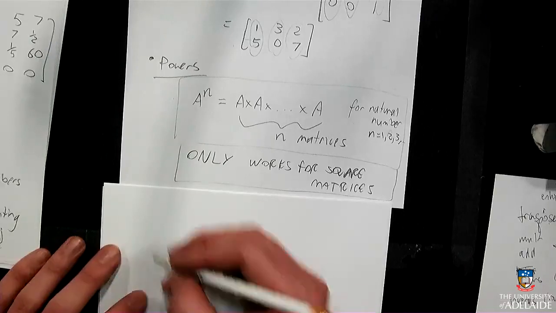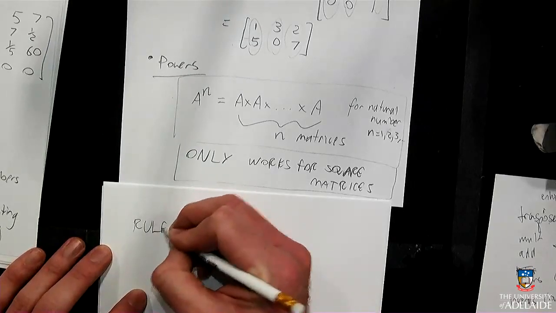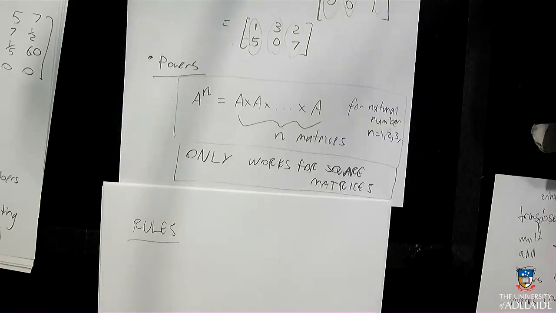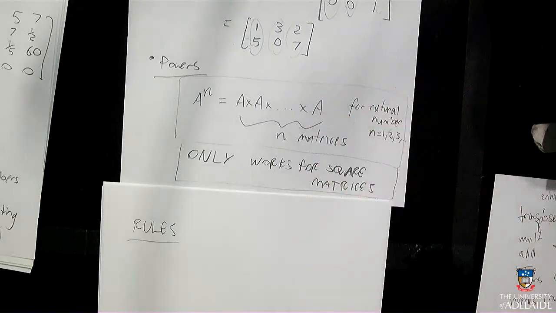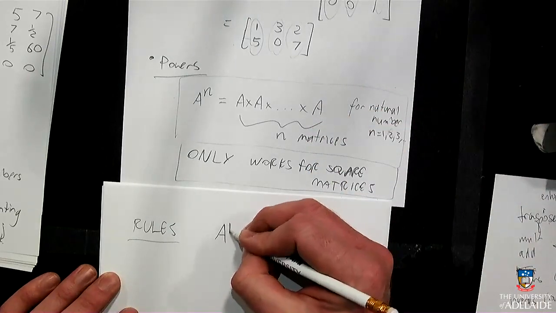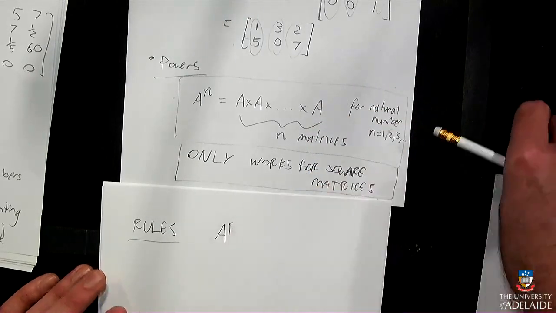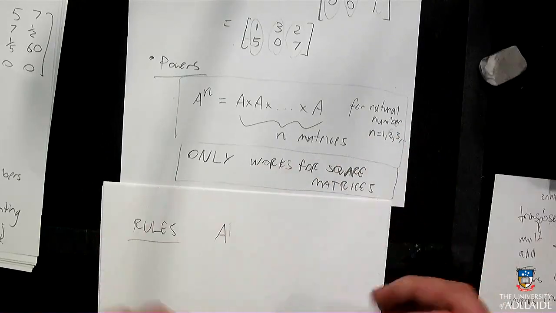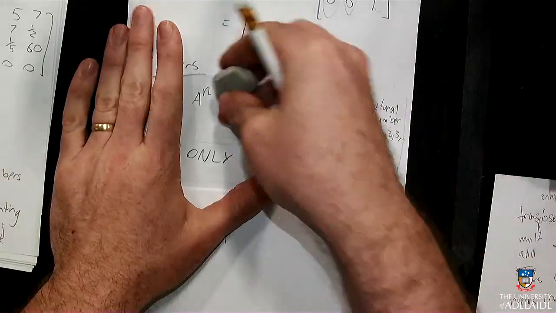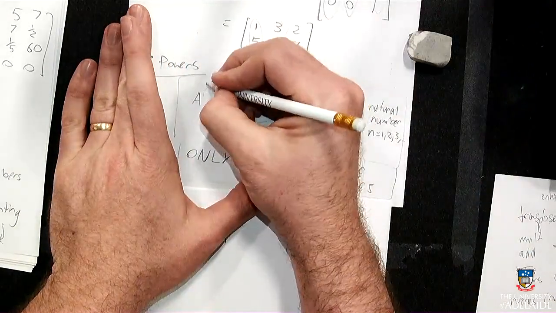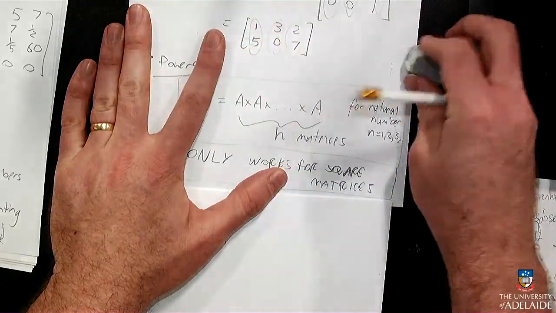Okay, so there are some rules for the way powers work, and they are basically exactly the same as the rules for numbers, because those rules for numbers were proved using this exact definition. So A to the, I'm going to have to use letters. That n is confusing, isn't it? Because n is usually the size of the matrix. I'm just going to stick a different letter there if that's okay, just so that we don't get freaked out by everything being the same letter.